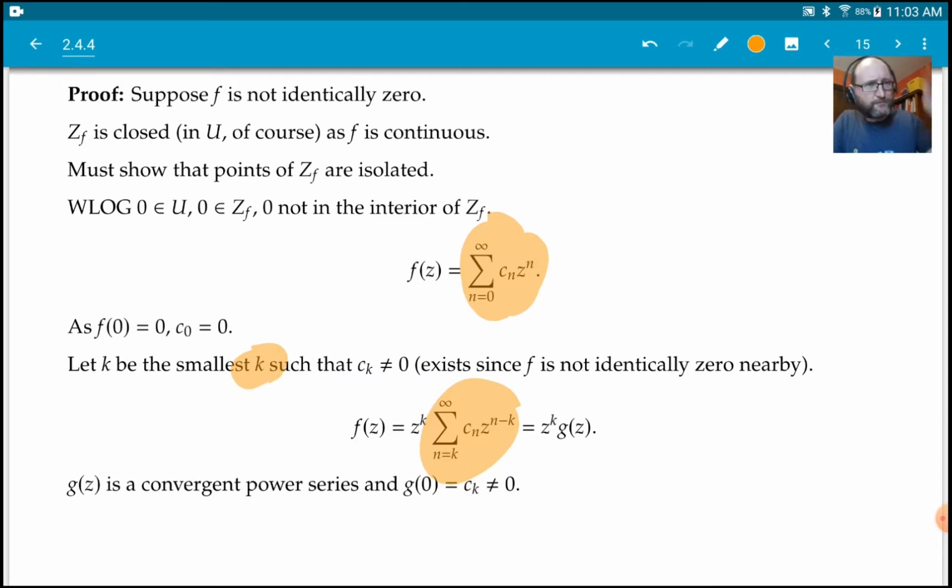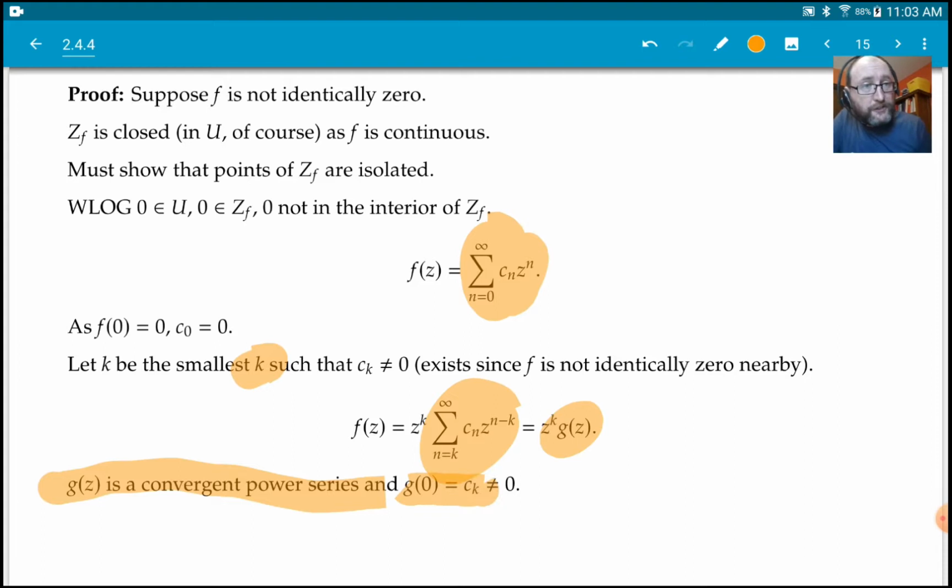I don't have some 1 over z or something like that. This is an honest power series. So let's call it G. That's that power series. It converges on the same set as f, so it also converges on a neighborhood of 0. So, a convergent power series.